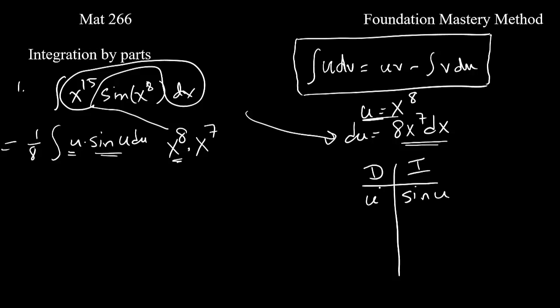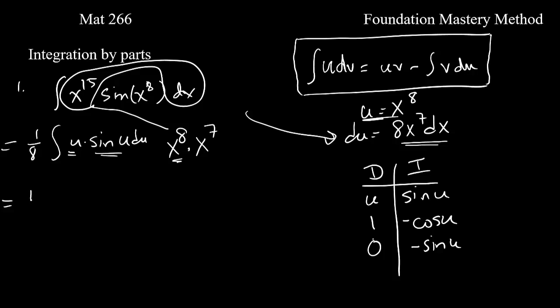Now the derivative of u with respect to u is just 1. And if we integrate sine of u, we have minus cosine of u. And now if we take the derivative one more time here in this column, this will be 0. And the integral of minus cosine of u will be minus sine of u. So now we're ready to apply our little formula.